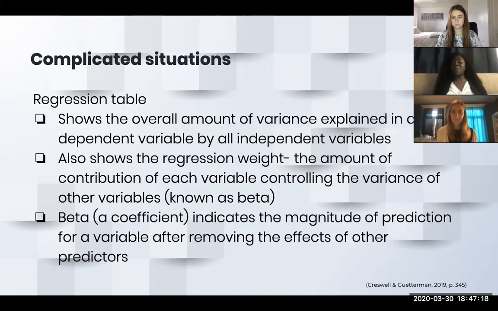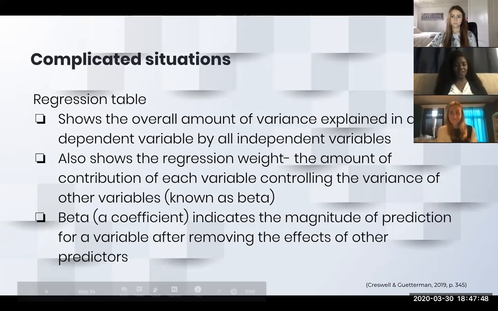And that's what a beta coefficient depicts. Again, this is a statistical procedure that is beyond this course, and we wouldn't be able to cover it at this time. But all in all, that beta coefficient will allow the researcher to compare the strength of one predictor variable, or one independent variable, with the strength of the other variables. So you just want to know what's going on between the whole range of independent variables.